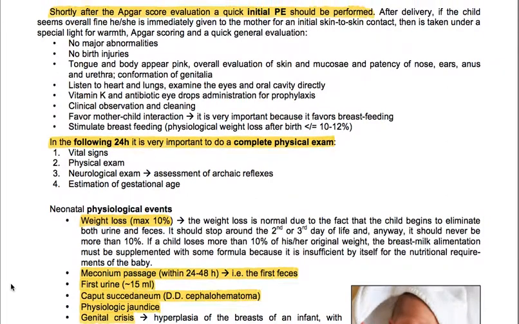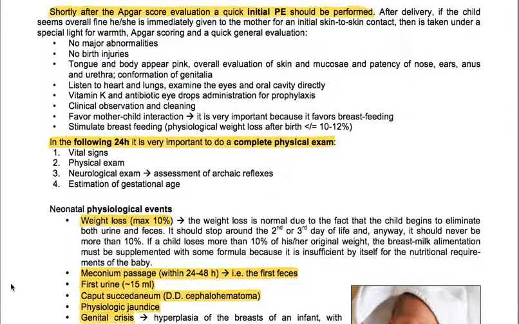Shortly after the Apgar score evaluation, a quick initial physical exam should be performed. After delivery, if the child seems overall fine, she is immediately given to the mother for an initial skin-to-skin contact, then is taken under a special light for warmth, Apgar scoring, and a quick general evaluation. So we check that there are no major abnormalities, no birth injuries.